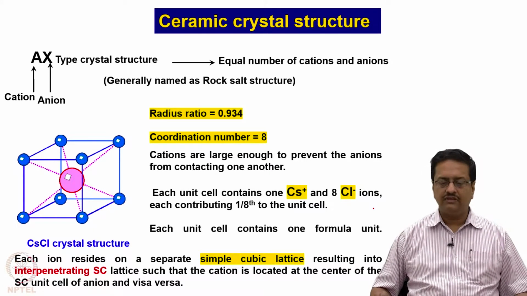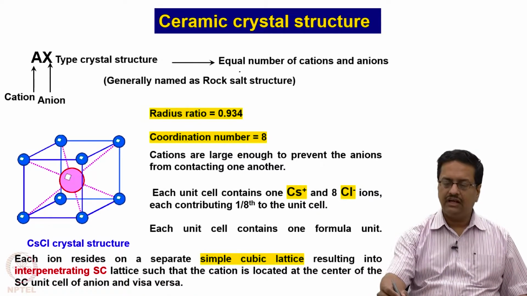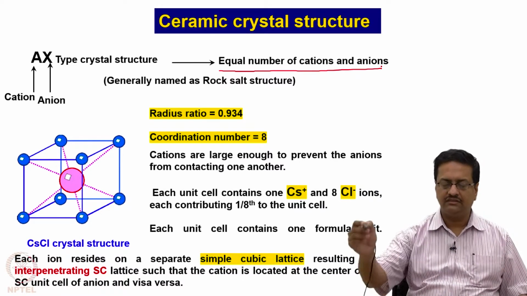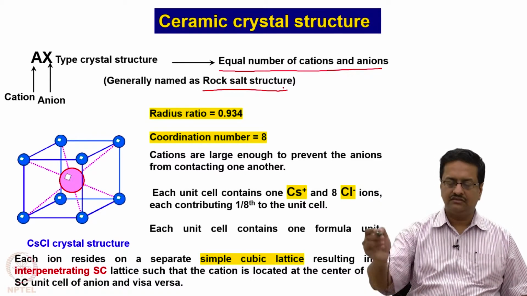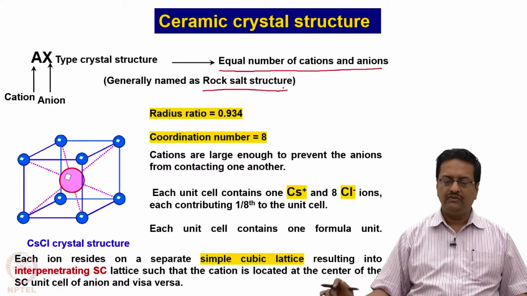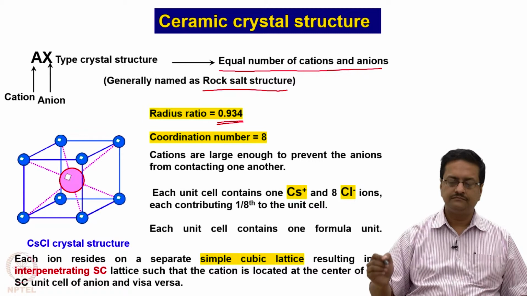So, the next type that we would like to discuss is the AX type of crystal structure, the cesium chloride structure, where again we have an equal number of cations and anions, when we have the radius ratio very close to 1.